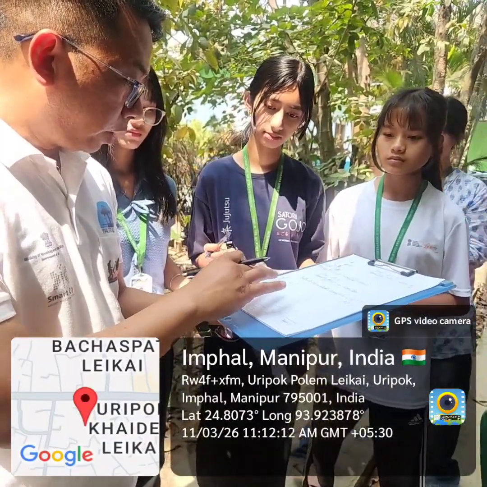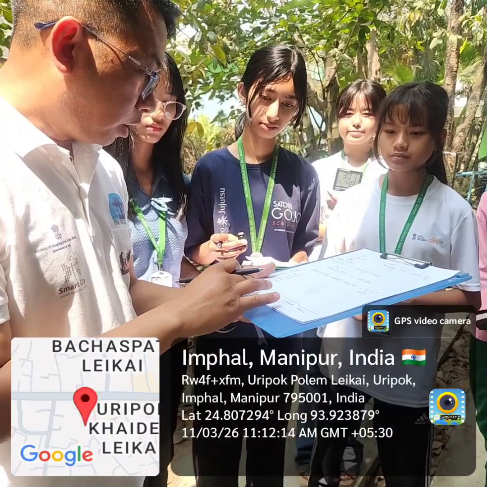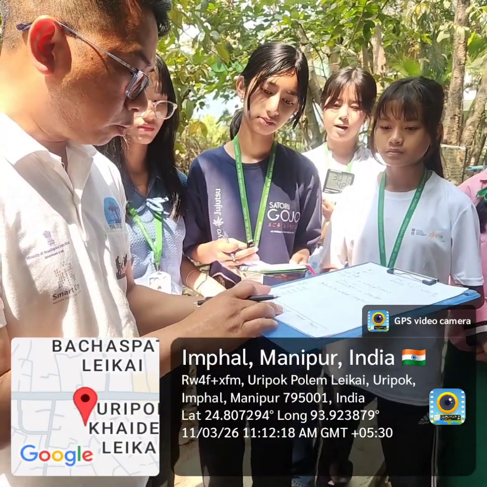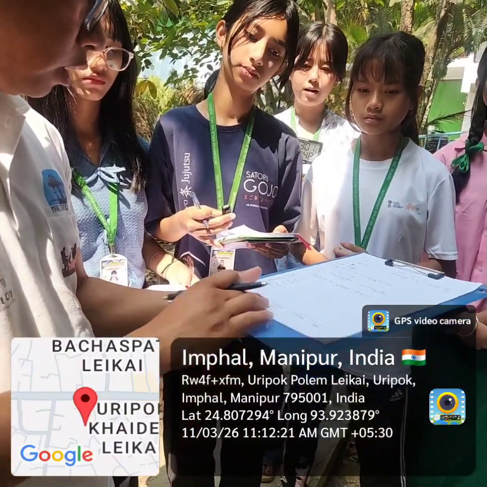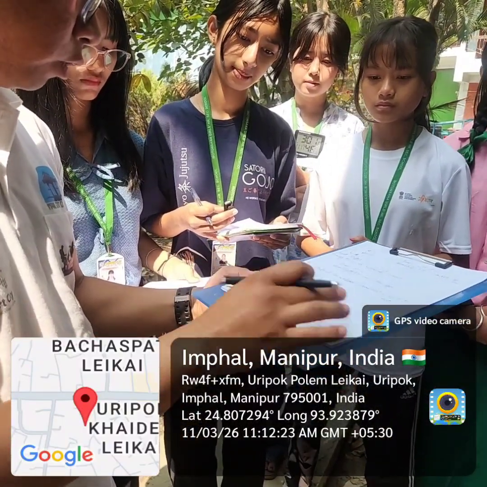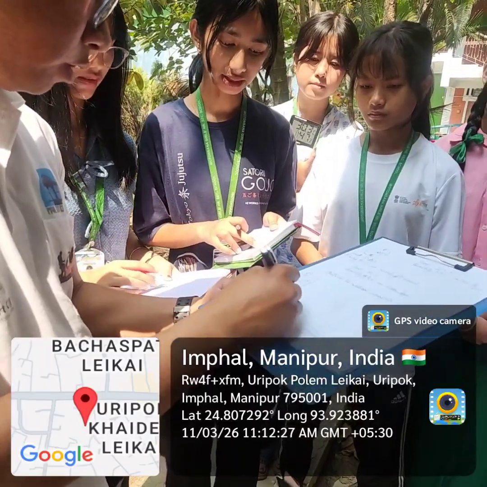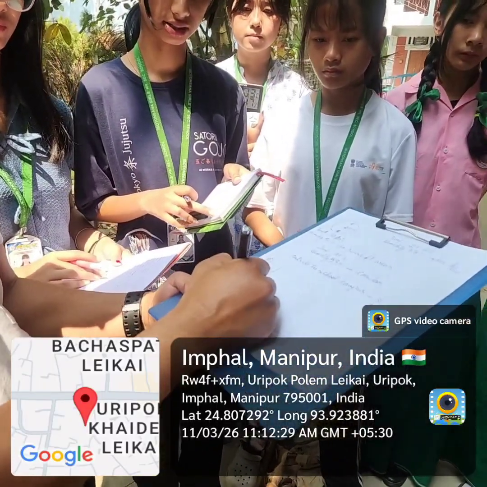So we have measured different zones of the school campus. Firstly, the exposed school campus area, corridor, traffic area. And this is the temperature when we do the plotting. Under the tree, this is 27.2 degrees.